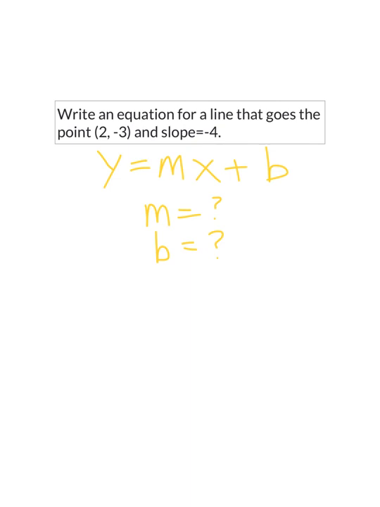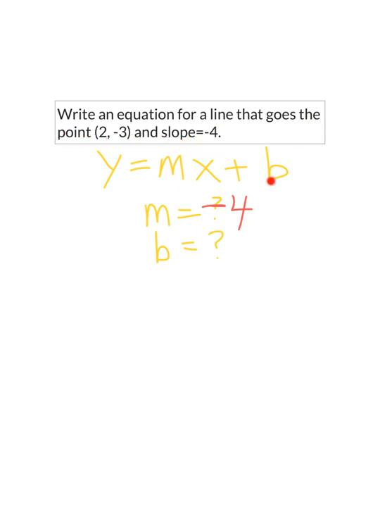So I'm going to change that question mark to negative 4. So I know the slope is negative 4. When I go back and reread this statement, it doesn't tell me anything about the y-intercept.